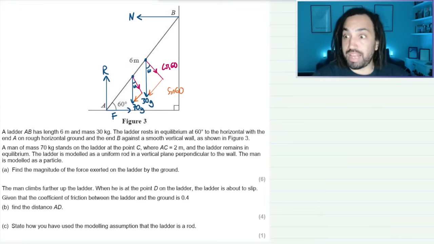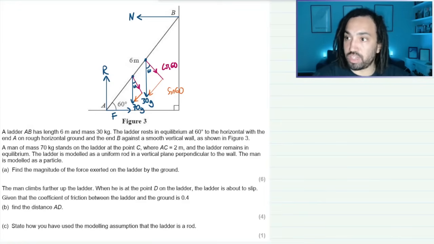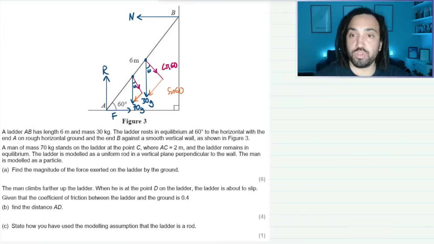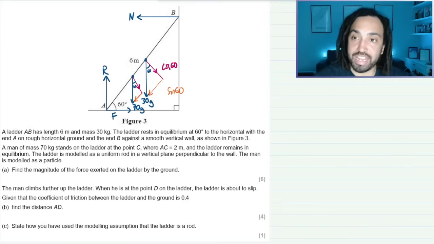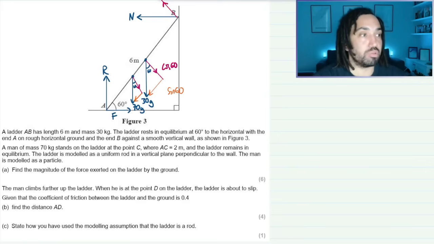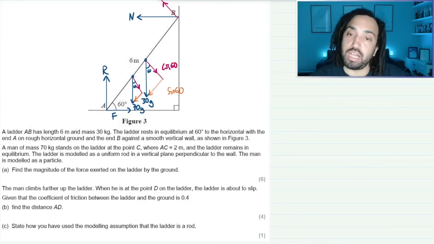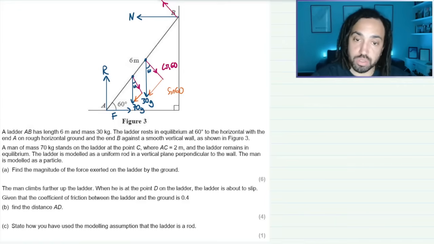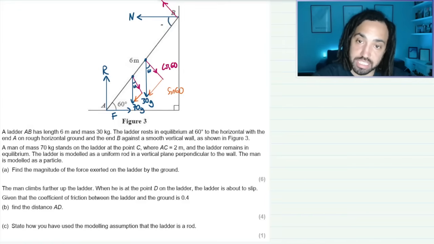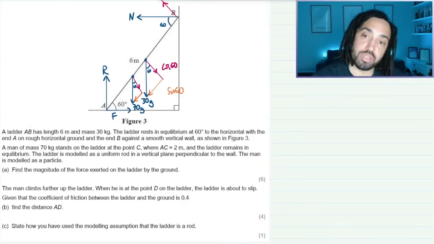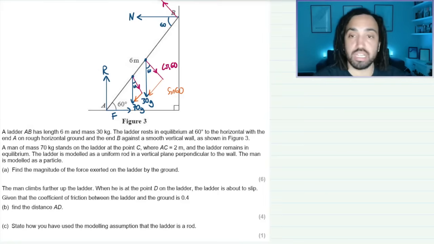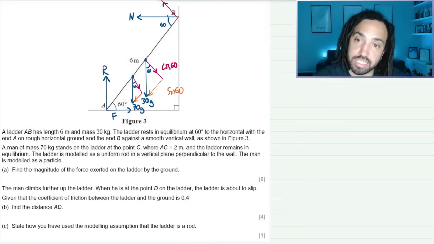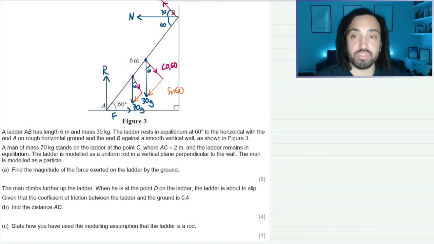Okay, and we also need to find the force component of N. So this one right there is what we also need to find. I know because of alternate angles that this angle in here is 60, and because the ladder and the red force are perpendicular, then this angle in here must be 30.